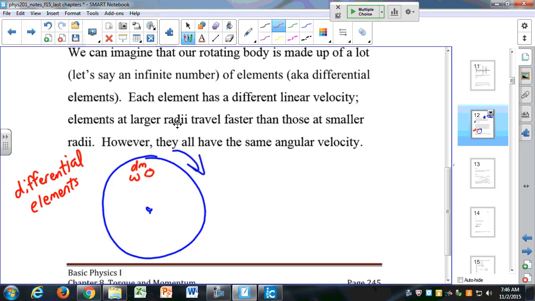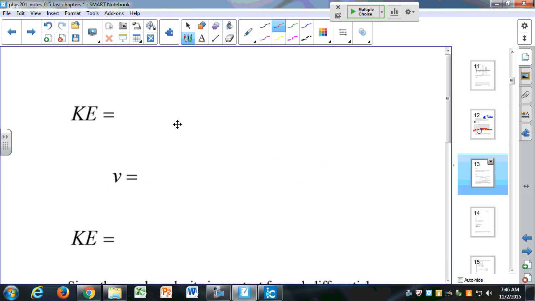So this object has a different linear velocity, but the same angular velocity, the same omega. They have the same angular velocity but different linear velocities.